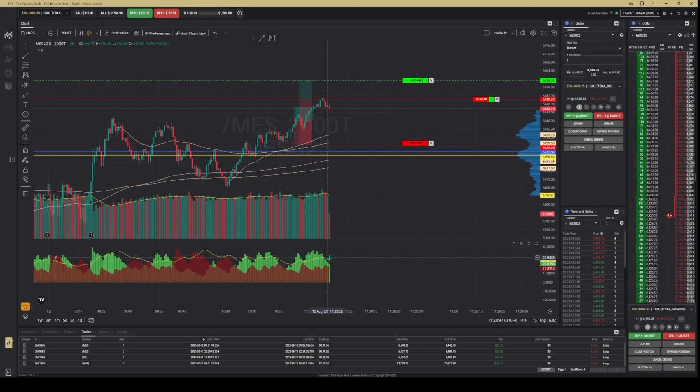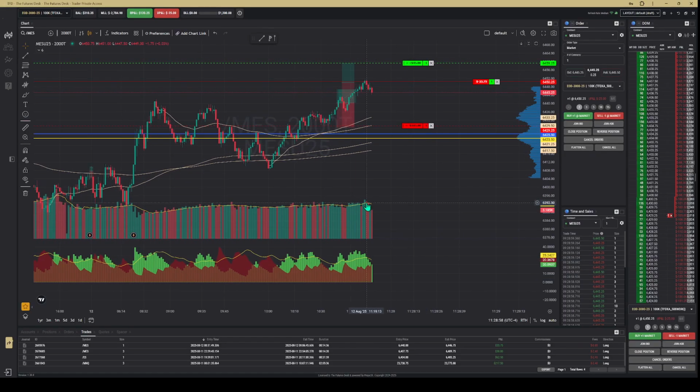But because this ADX is sloping down, buyers are losing control. It's starting to even out, and the volume is actually starting to drop below the 10 period average.